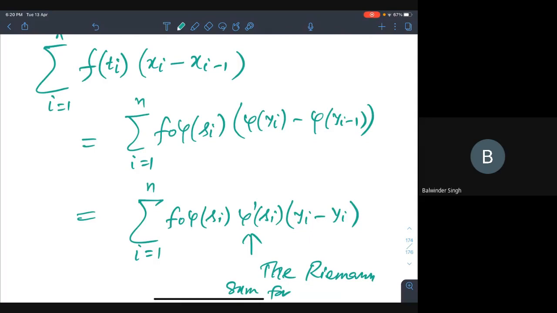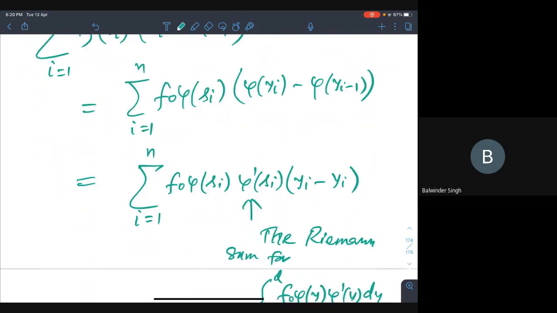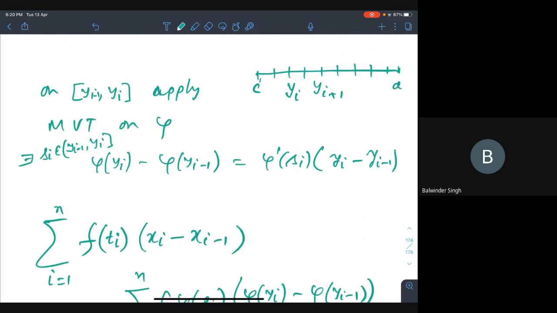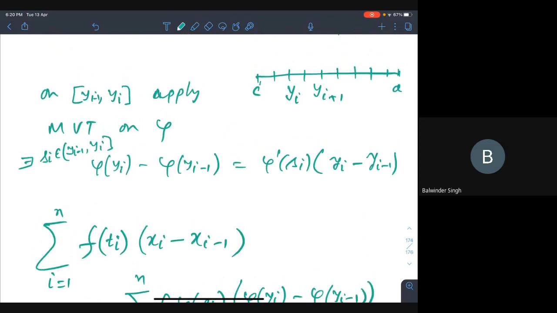But where did we use upper sum and lower sum here? Yeah, if you do upper sum and lower sum, then you have to go through the proof of that theorem. The Riemann sum is equivalent to looking at upper sum and lower sum. You have to do this epsilon delta argument, all this, right?